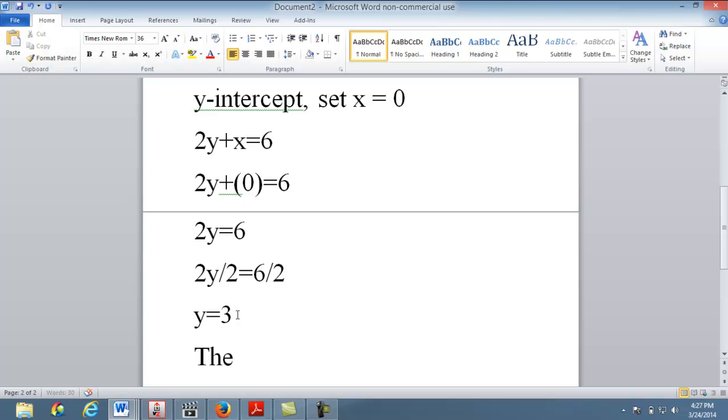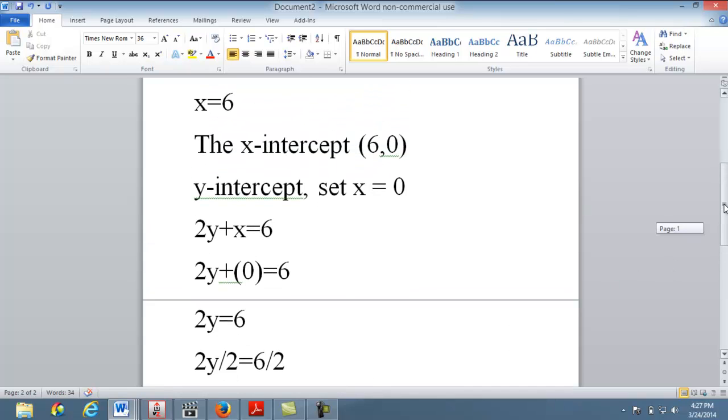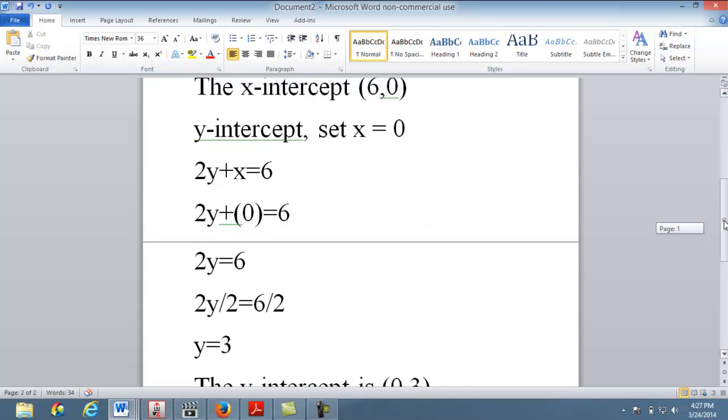So I would say the y-intercept is the point (0, 3). If I find the x-intercept and the y-intercept, I now have the two pieces of information I need.